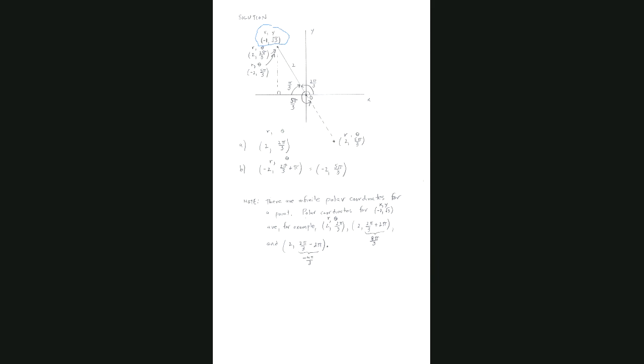So you have a right triangle whose sides are, that leg is 1. This leg is √3. And the radius here, the hypotenuse, is 2.